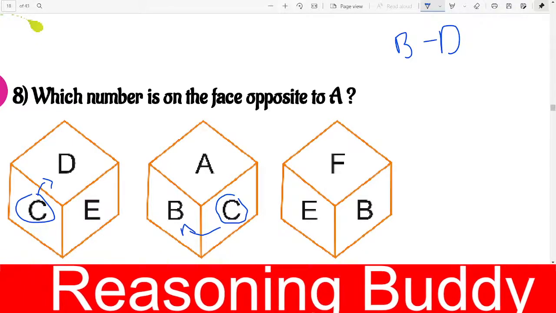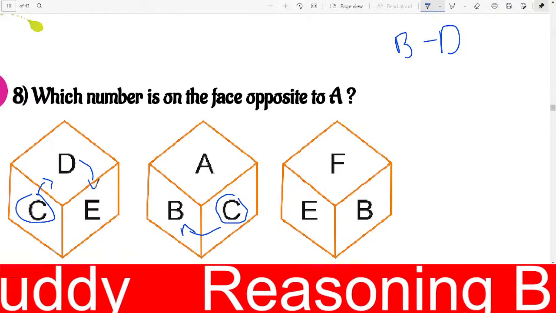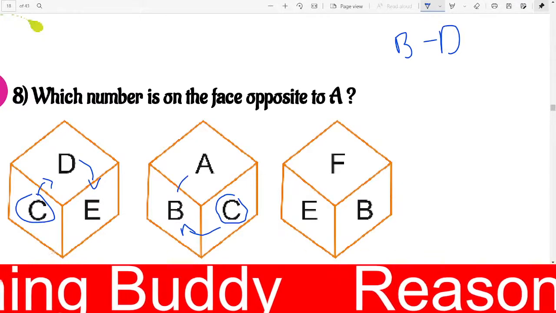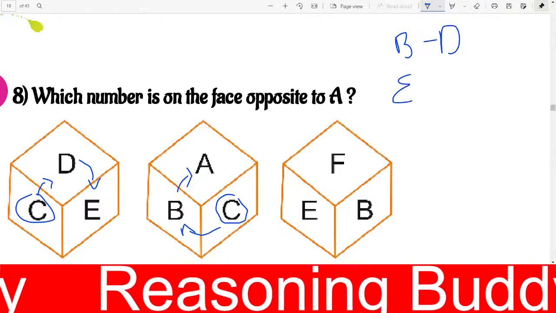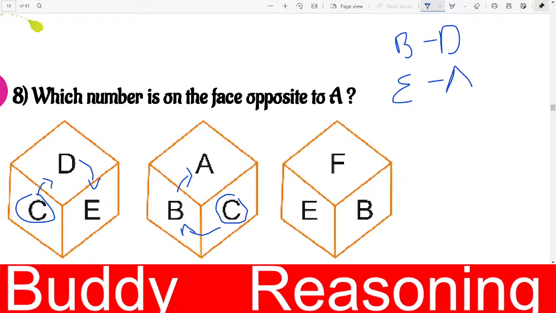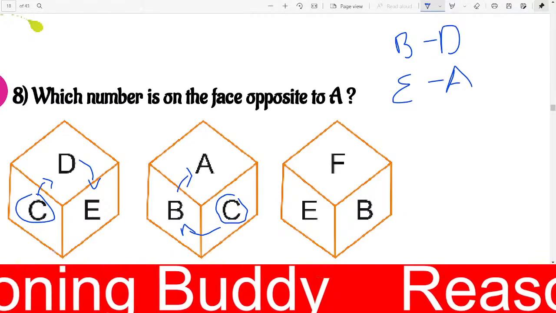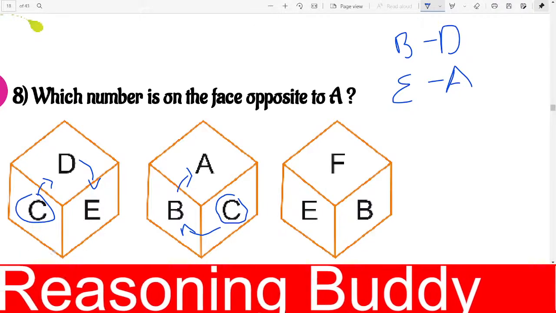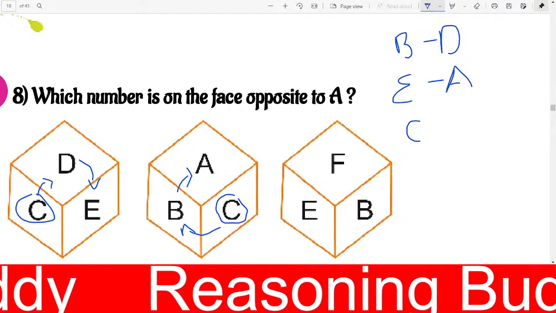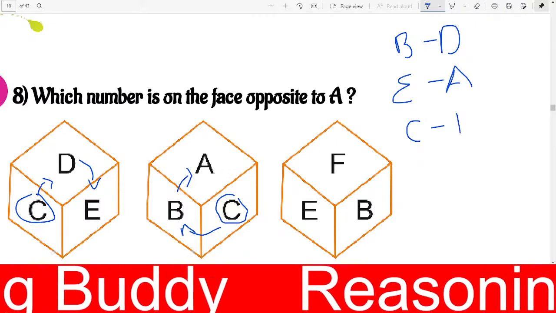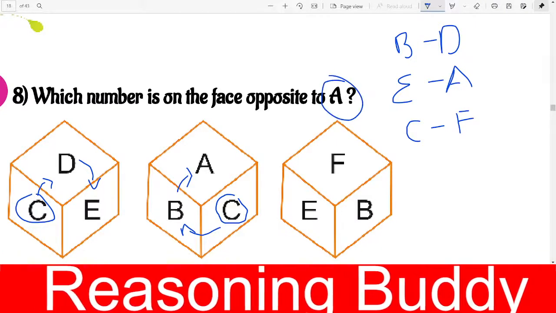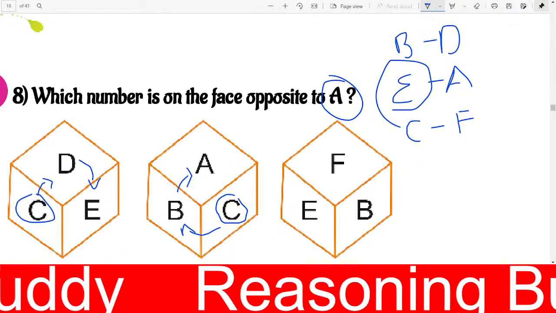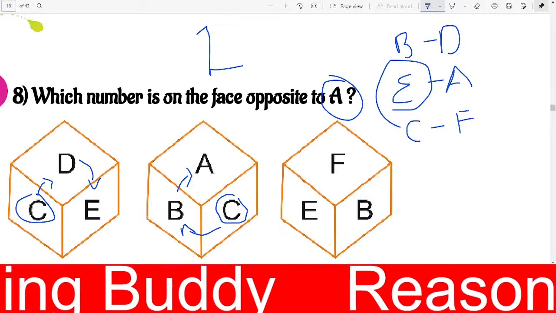Next, here E and here A. So E and A are opposite and the remaining C and F are opposite. In the question they asked for A. So what is the opposite for A here? That is E.